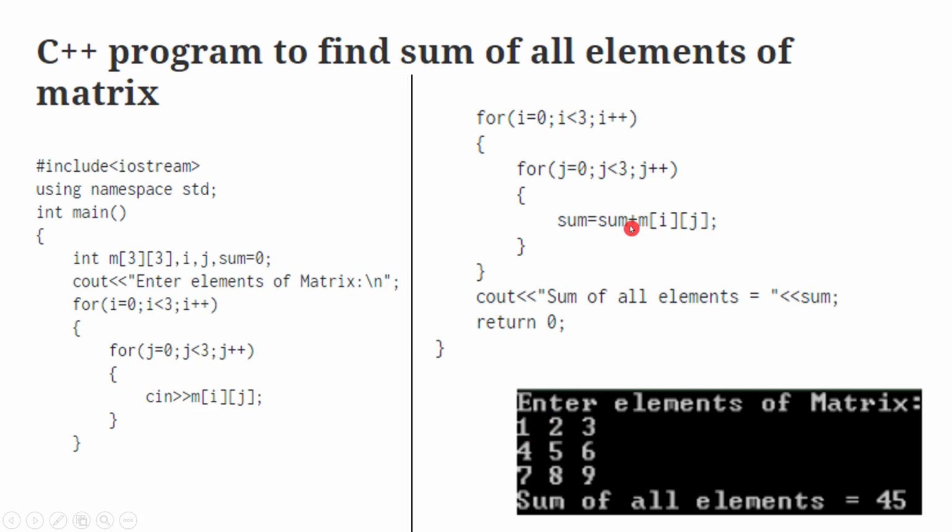In the next step, as j is incrementing, i is outside and j goes column-wise. So 1 plus 2 will be the second sum value, 1 plus 2 plus 3 the third, then 1 plus 2 plus 3 plus 4 the fourth. It will keep on adding till the loop is executed, and the total sum will be printed by cout: sum of elements is equal to sum, which is 45.